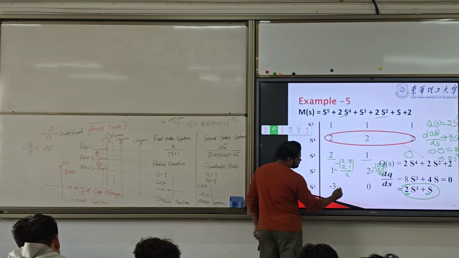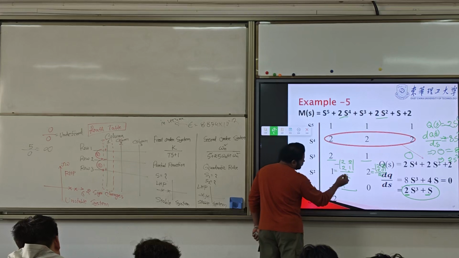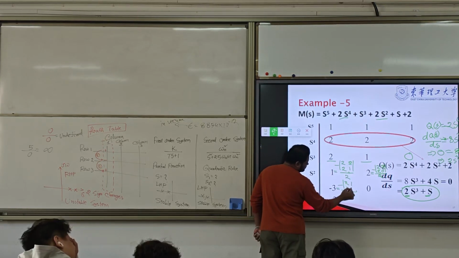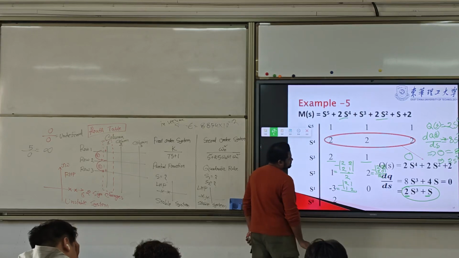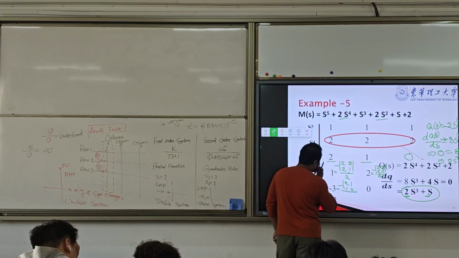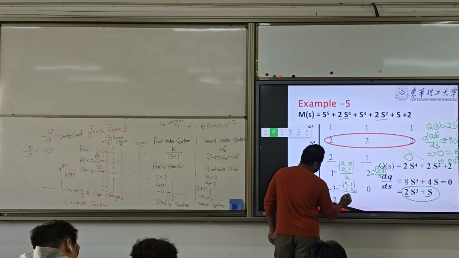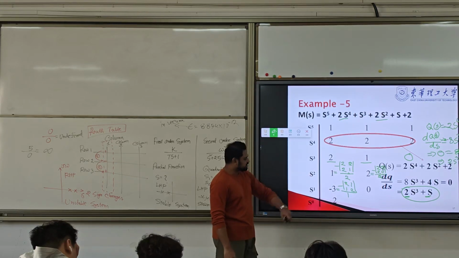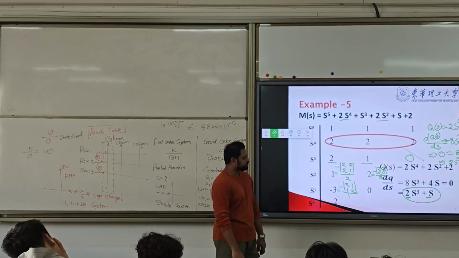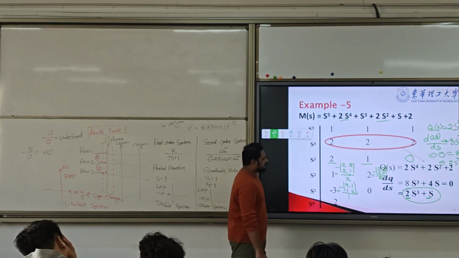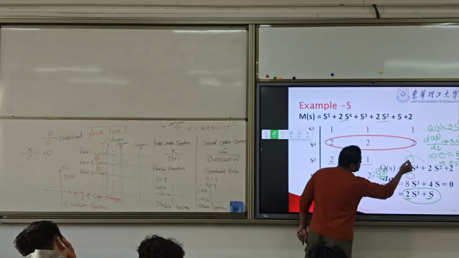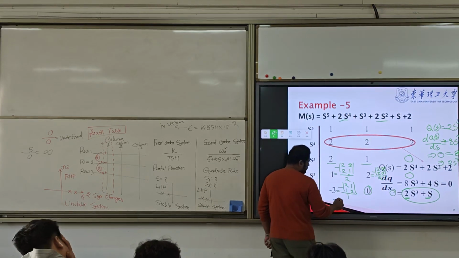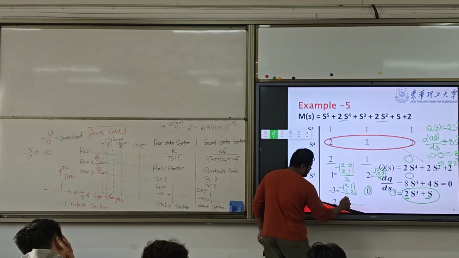This one, 2, 1, divided by 1. So 4 minus 1, that is 3 minus 3, and here it is 0, right? So it is 0. And then this one we will calculate again.